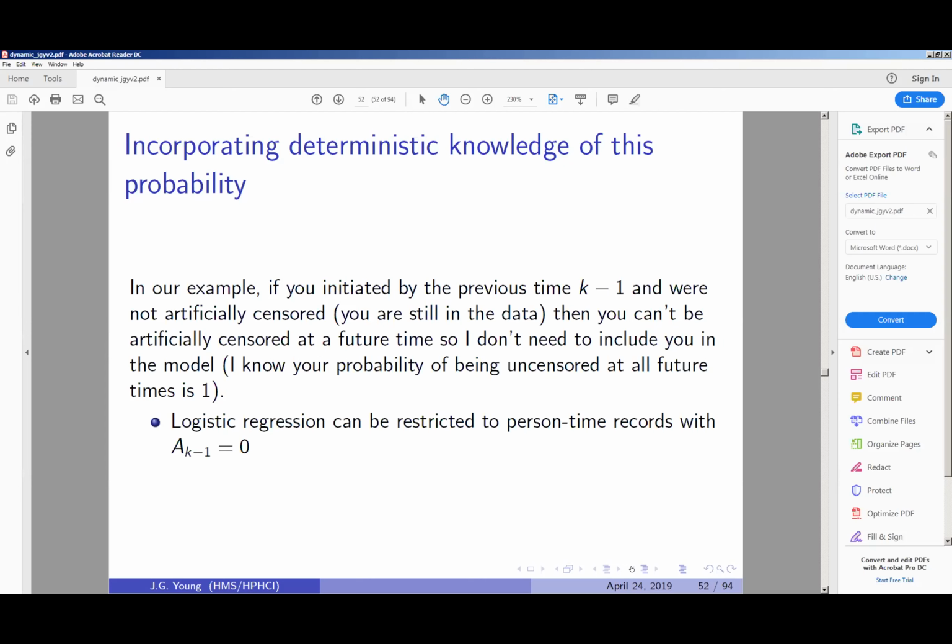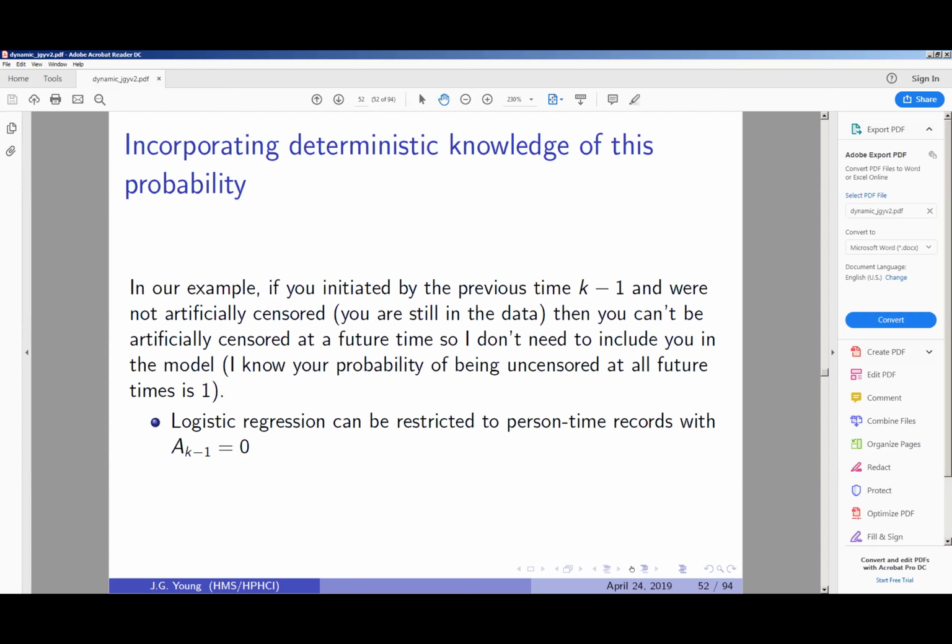So once you've initiated, either you've already been artificially censored, or you've done the right thing, and so you're not going to be artificially censored again. So this logistic regression model can be restricted to person-time records with A K minus 1 equal to 0.